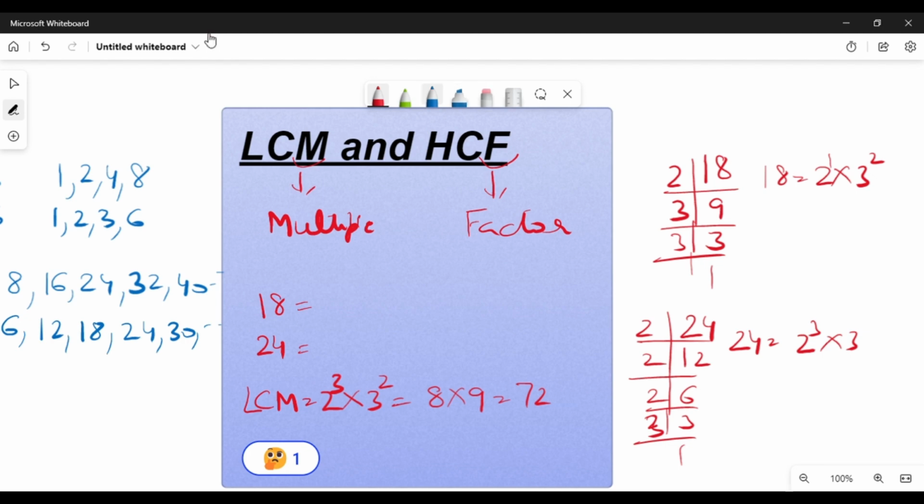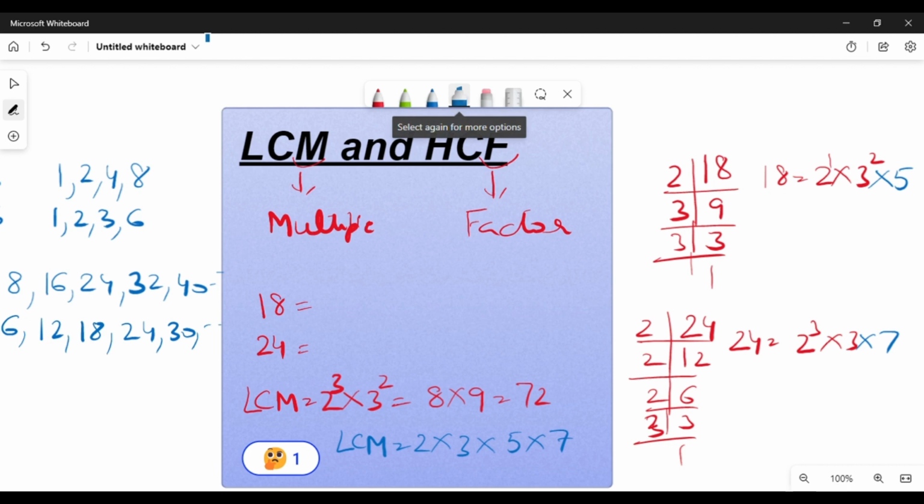If by chance you will get 5 here, suppose you are doing prime factorization of another number, and you will get 5 here, and here you will get 7. As I told you, in LCM you have to write all the numbers. No doubt 5 and 7 are not coming out to be common, but if you are calculating LCM, it will come out to be 2 into 3 into 5 into 7.